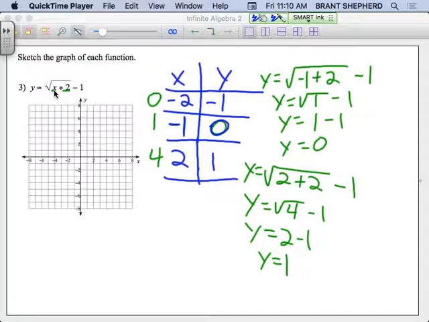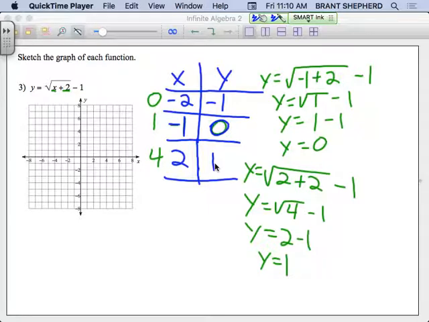And so I put in -1 for x. -1 plus 2 is 1. Square root of 1 is 1. Minus 1 is 0. And then I've thought of what can I put in for x to give me 4 underneath the radical, which is the next perfect square after 1. So if I put in 2 for x, 2 plus 2 gives me 4. Take the square root of 4, which is 2, minus 2 is 1. That's where I got all of those numbers from.